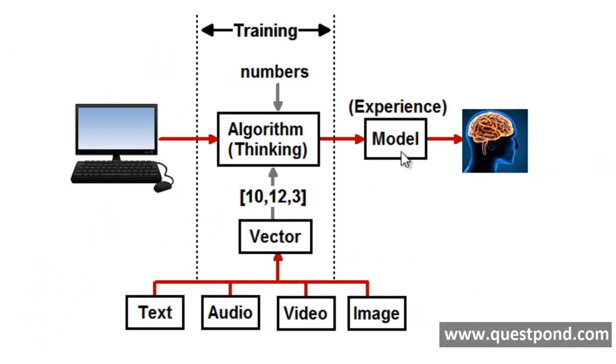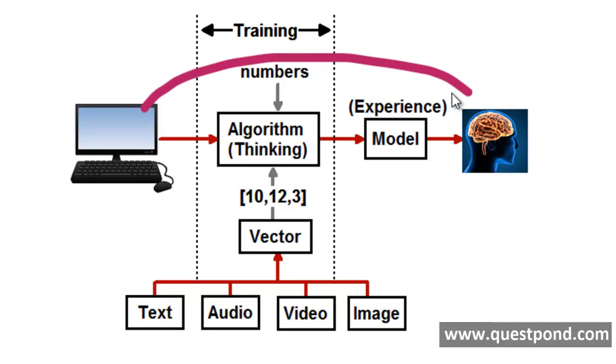Machine learning is an area of study where we want machines to think like humans. We want machines to think and act like humans. Now this journey of making a machine think like a human at least needs two things. One is it needs some kind of thinking, because humans can think.